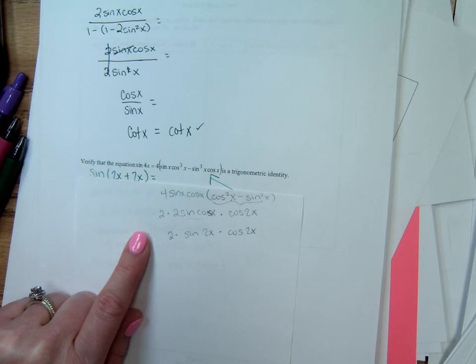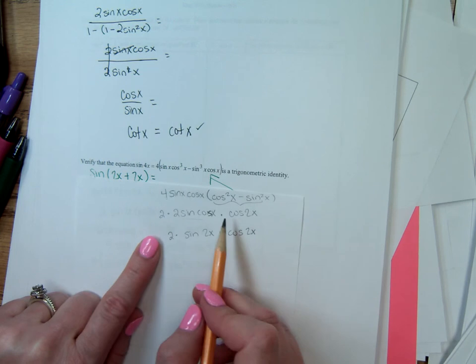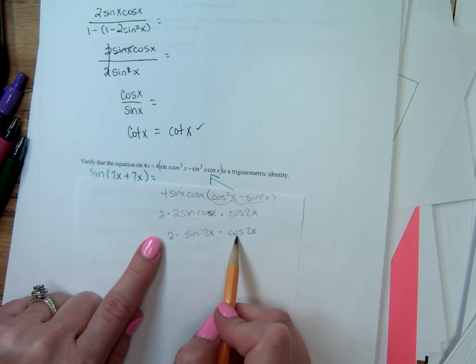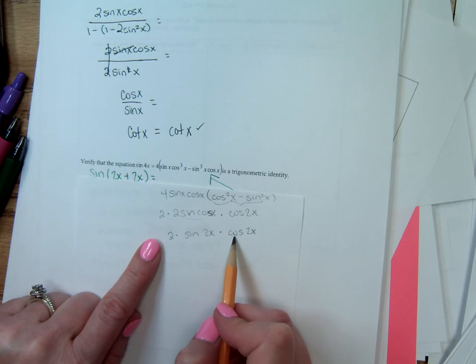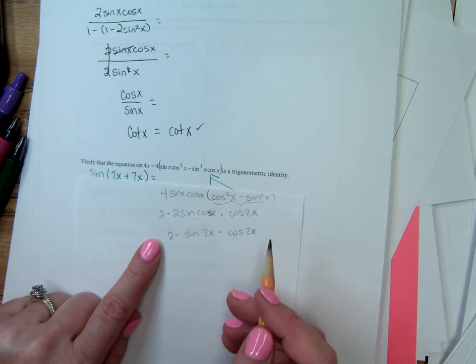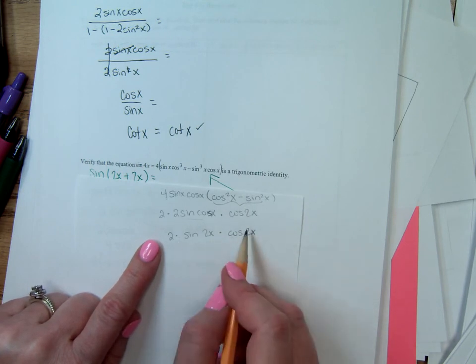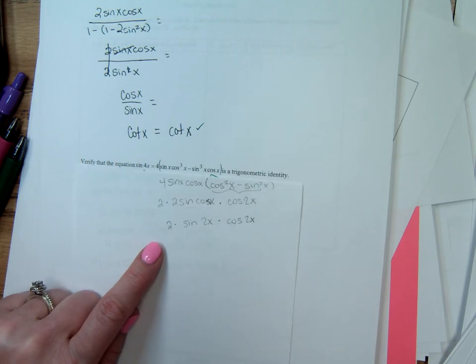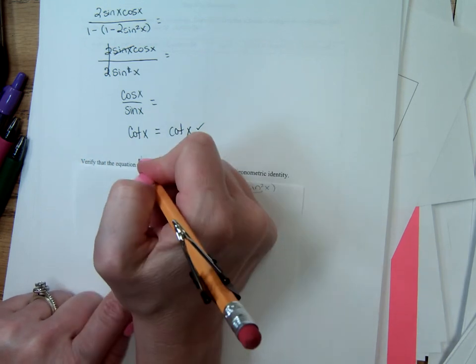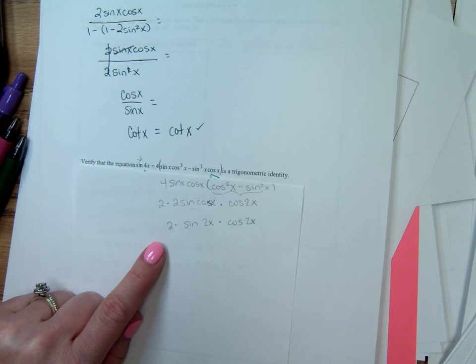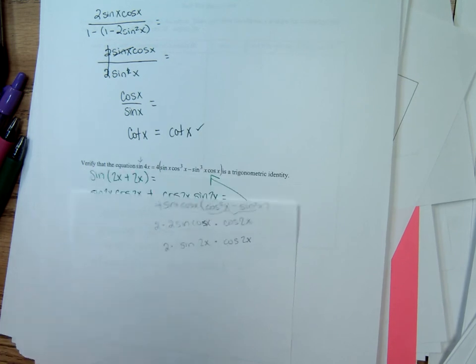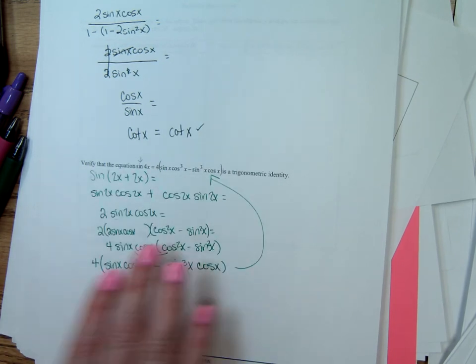I could change this one now to 1 minus sine squared, or 2 sine squared x, factor it again, and eventually I would get down to just one sine power. But I don't want to eat up that much time because I want you to have time to do homework. But I might play with that one while you're doing it.